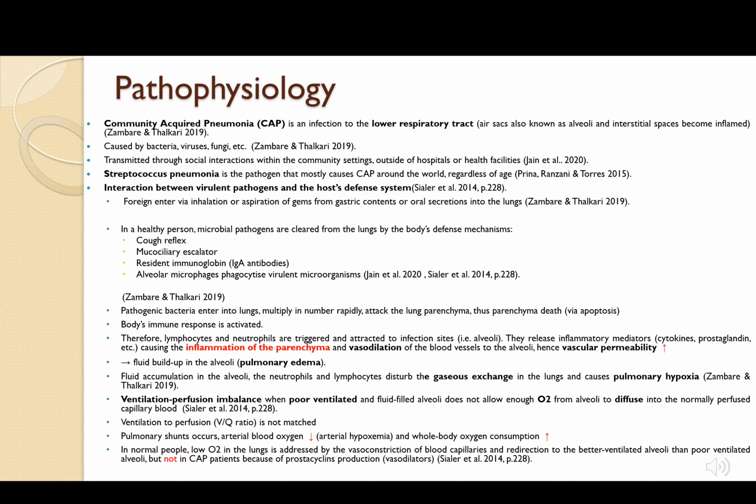When that happens, the body's immune response is activated. That means lymphocytes and neutrophils are activated and attracted to infection sites, that is in the alveoli, and they will release inflammatory mediators such as cytokines, prostaglandins, etc. These inflammatory mediators will cause inflammation of the parenchyma and vasodilation of the blood vessels to the alveoli.